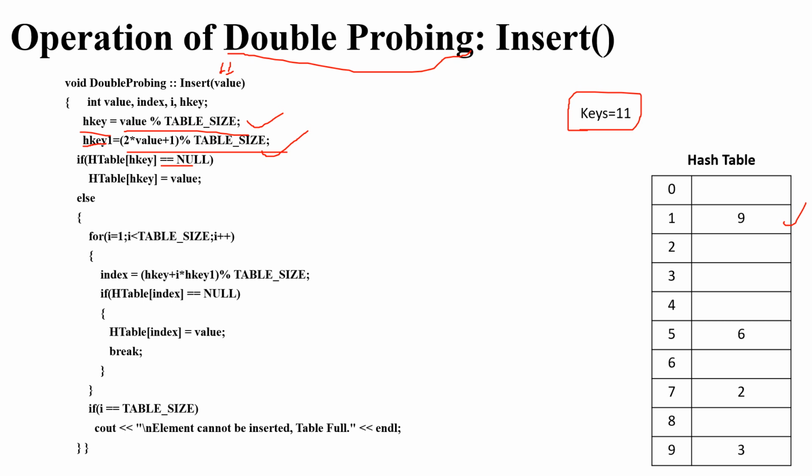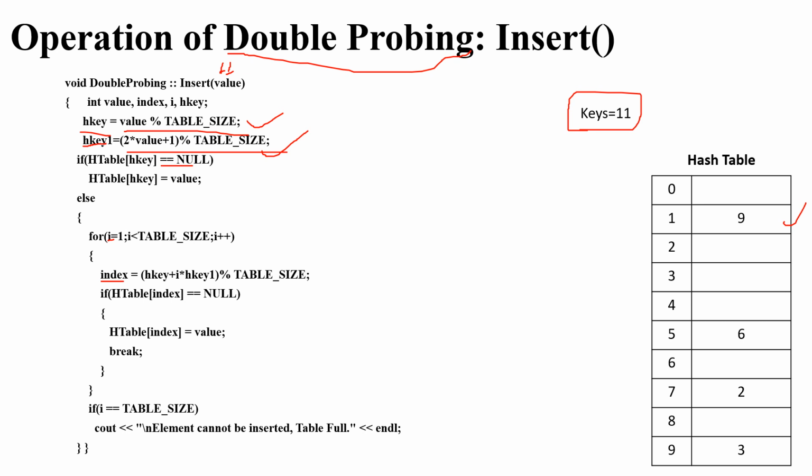Then what will you do? Come to the else part. In that, the I value is 1 and I is less than table size. Table size is 10, so 1 is less than 10. Yes, the condition is true. Come to the index. How will you calculate the index?